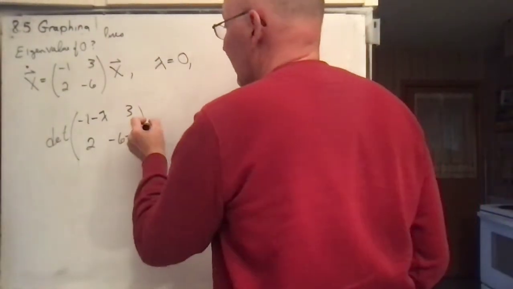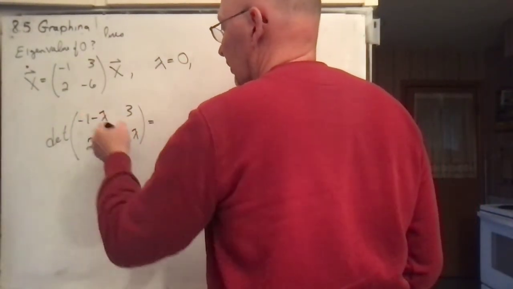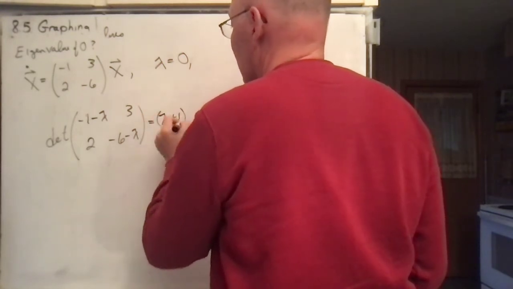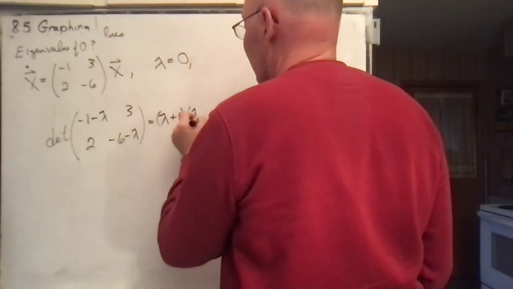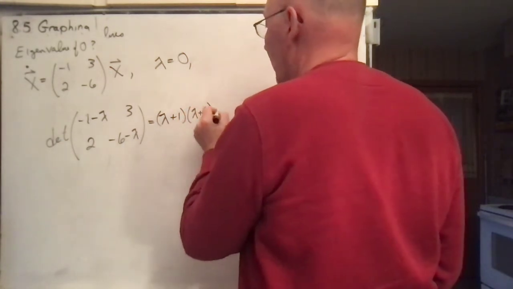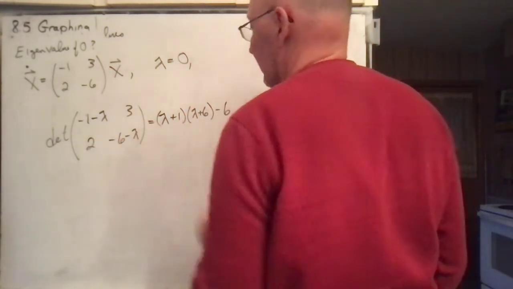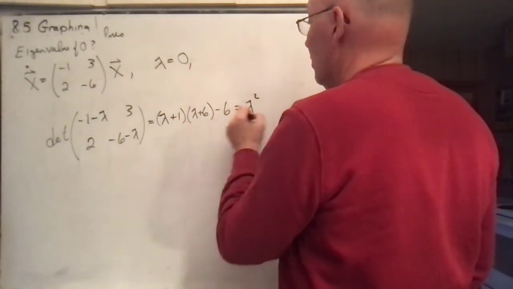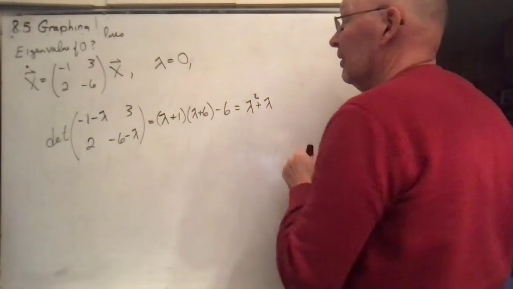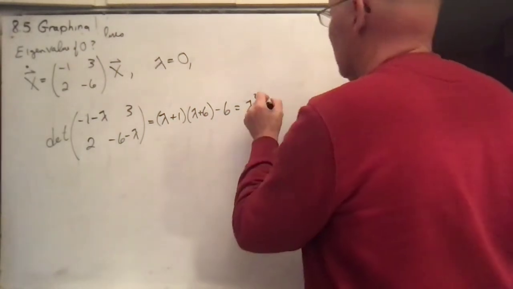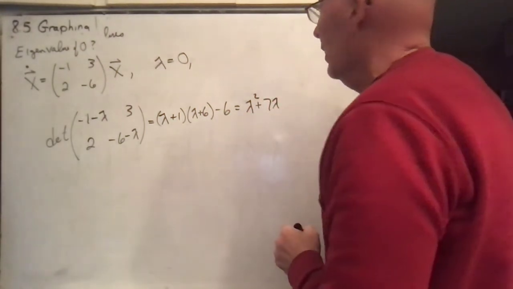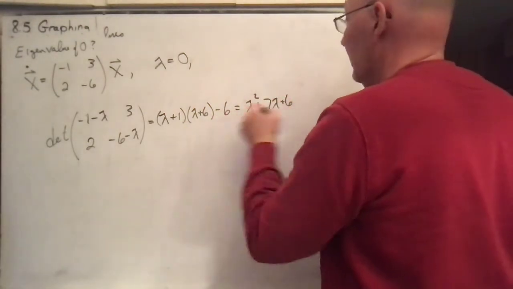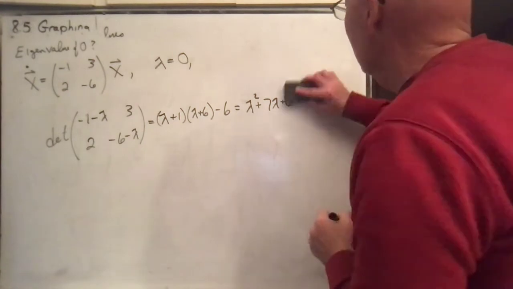And so notice all these negatives. So I'm going to multiply these. The negative times the negative is positive. So it's going to be lambda plus 1 times lambda plus 6, all minus 6. Minus 6, agreed? So that's equal to lambda squared plus 7 lambda plus 7 lambda plus 6, and then minus 6, so those go away.